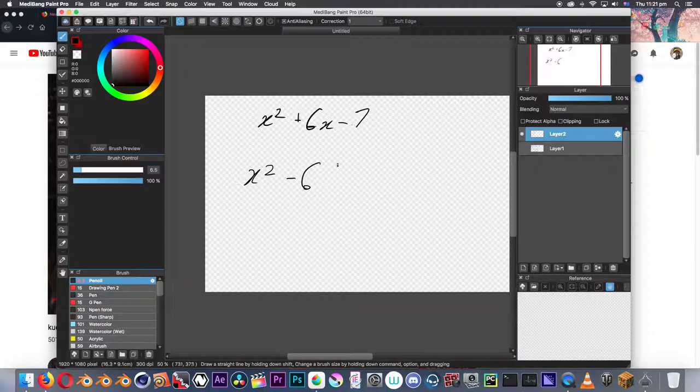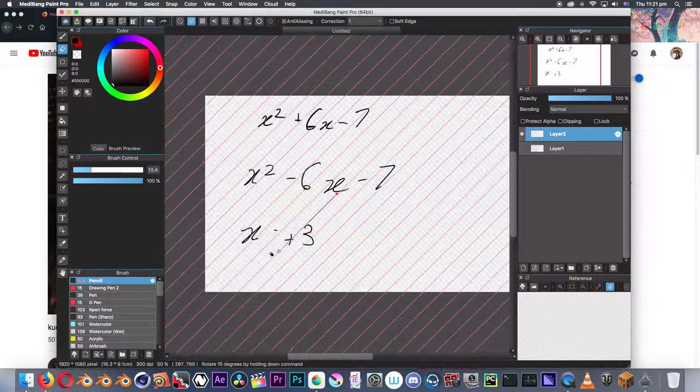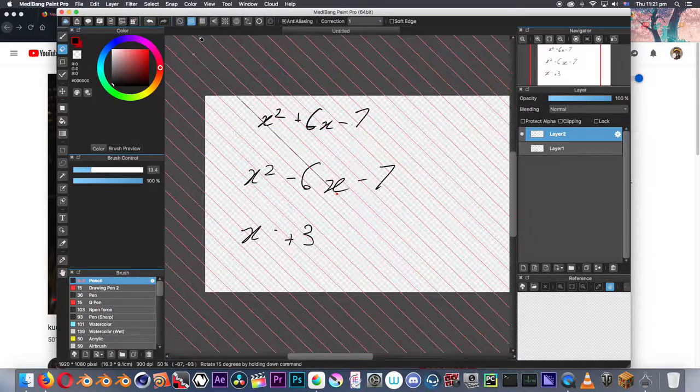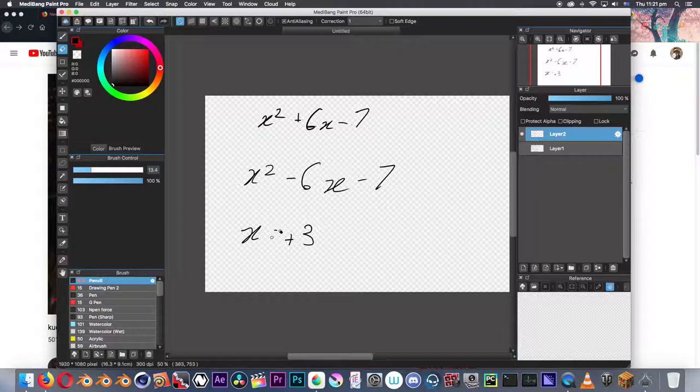So it becomes 6x minus 7. I remember it's adding and minusing something. I need to answer it again later. So, be this plus a 3. No, not the 2. I don't know what happened to the other x value. Ooh, that's cool. Oh, these are hotkeys. I just discovered that.